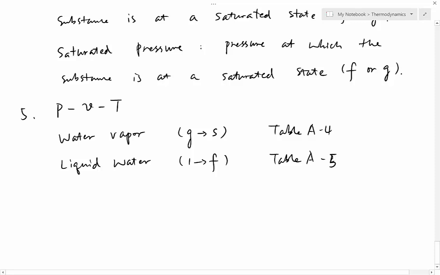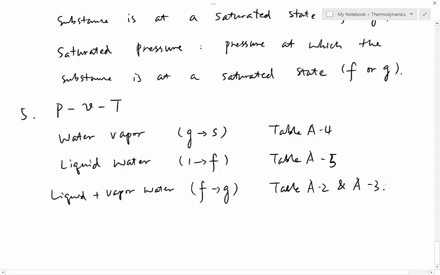And then if you deal with liquid and vapor, and the substance is water again, in other words, between F and G, between saturated liquid and saturated vapor, then usually we go to table A2 and A3. Okay, how do we use those tables? We will introduce one example to show you how we can use these tables to help you solve the problems.